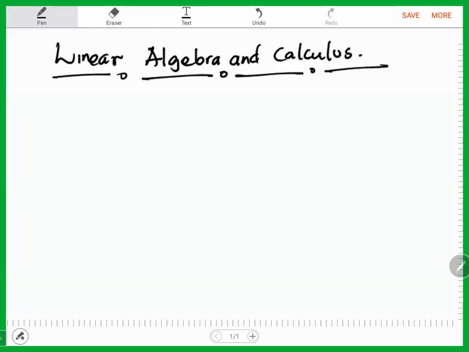When I talk of the applications, that is when we shall be looking at the turning points, which can be a maximum or minimum point, the profit function, etc.